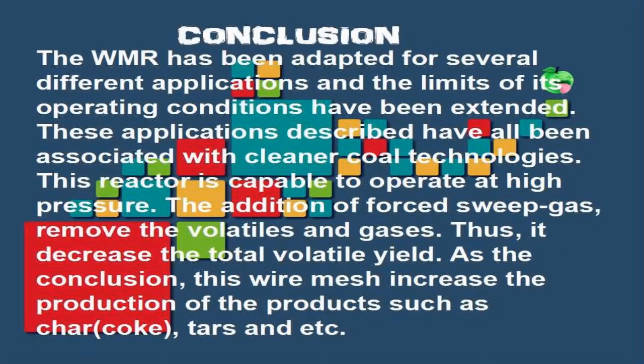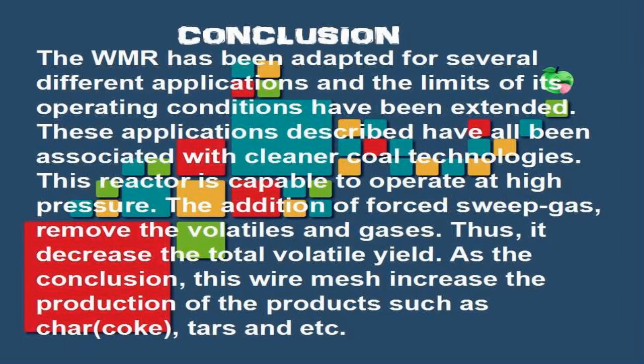Okay, as the conclusion of our discussion, the wire mesh reactor has been adapted for several different applications and the limits of its operating conditions have been extended. These applications described have been associated with clean coal technologies.